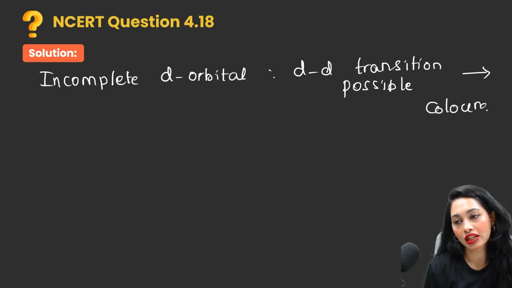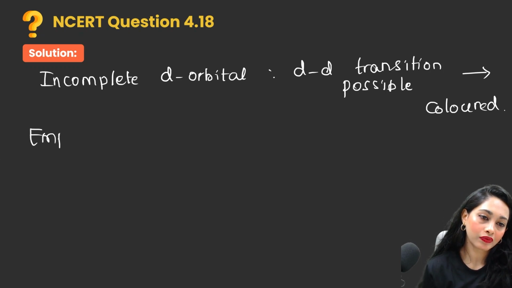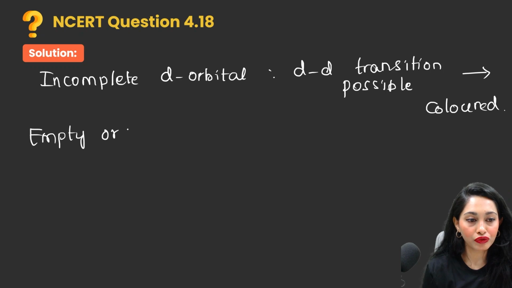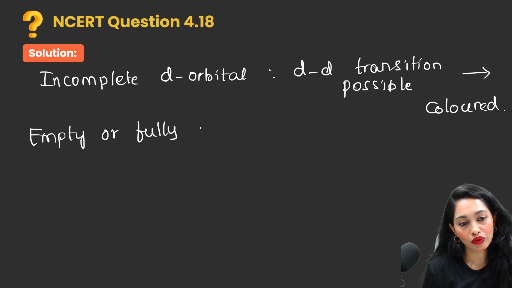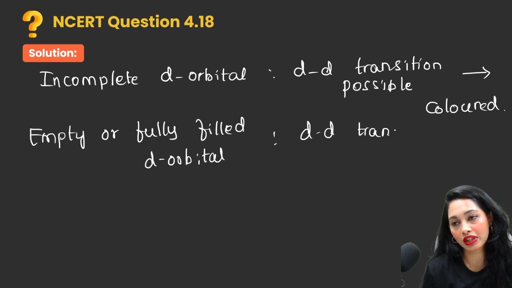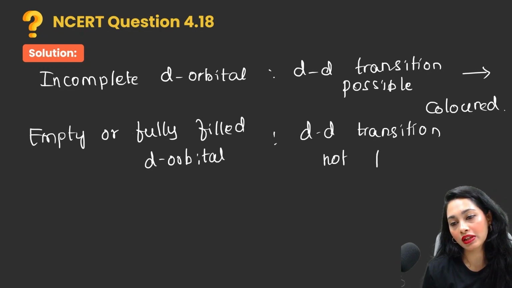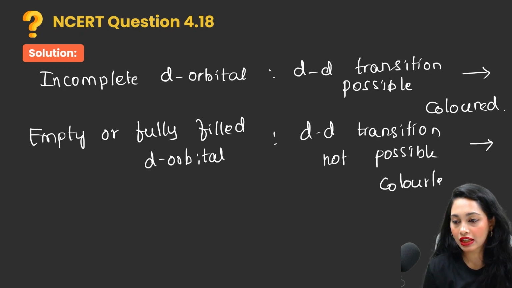And when there is an empty or fully filled d orbital, d-d transition does not occur. So d-d transition is not possible. So the complex will be colorless.